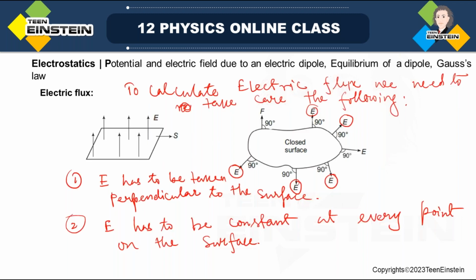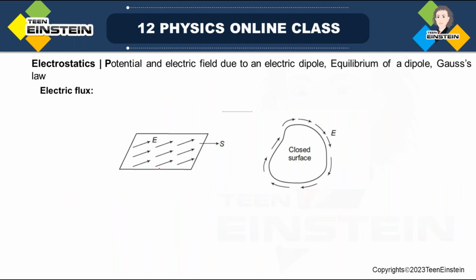Here you will get maximum flux in both cases. This is an open surface. We can calculate flux for an open surface as well as a closed surface. This is a closed surface. Here the electric field is tangential to the surface.